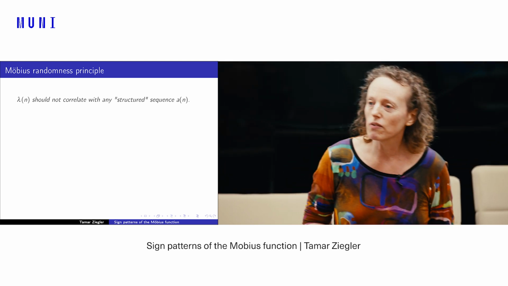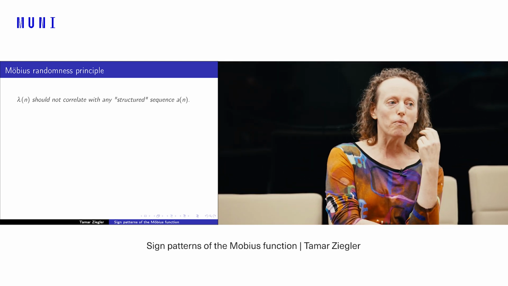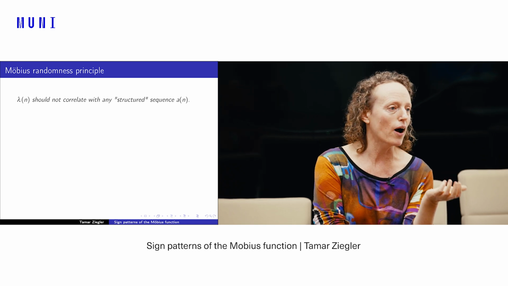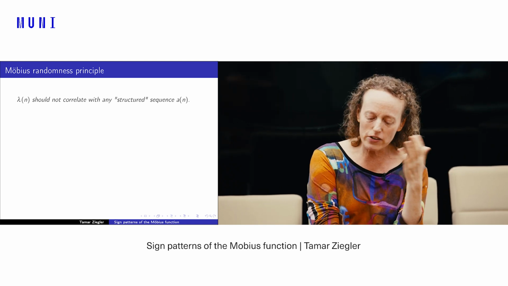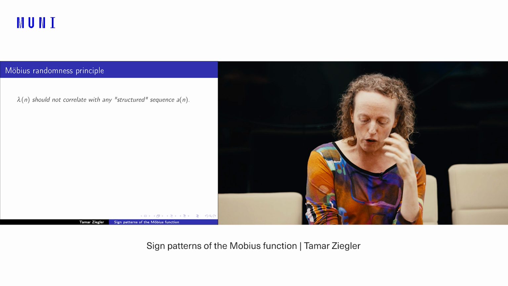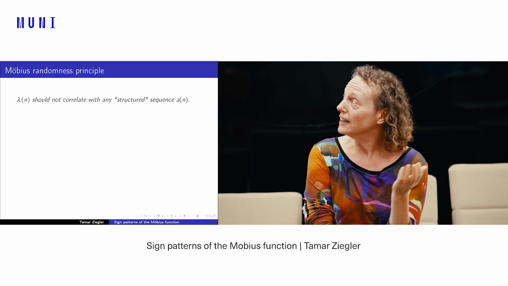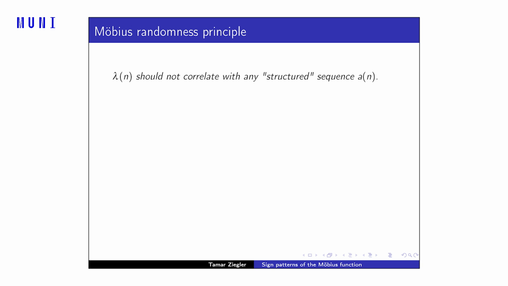There's this vague principle which is called the Mobius randomness principle, or we should call it maybe the Liouville randomness principle. It appears in an analytic number theory book by Iwaniec and Kowalski. It says something of the following: this Liouville function should not correlate with any structured sequence.